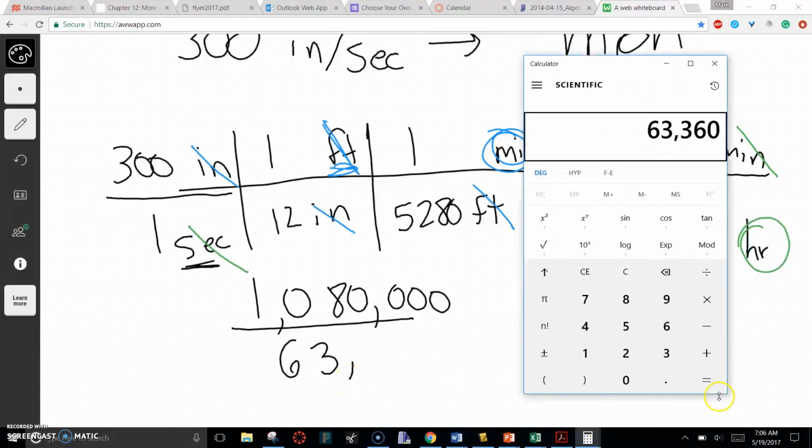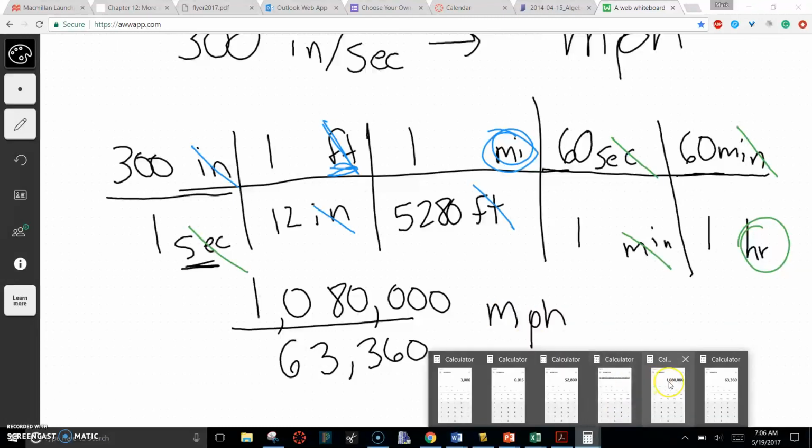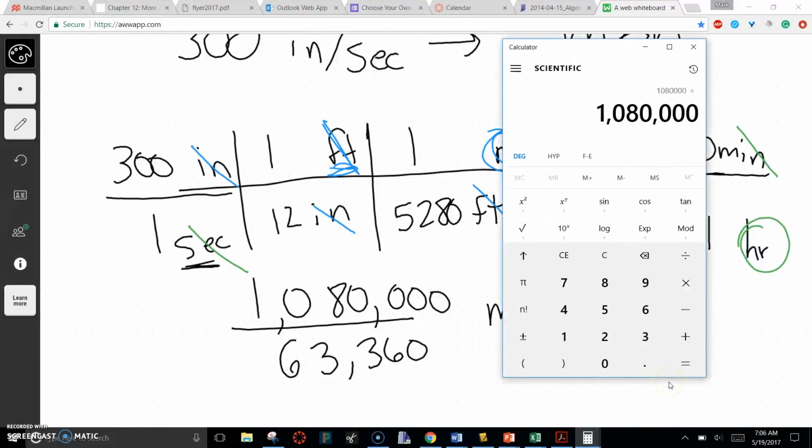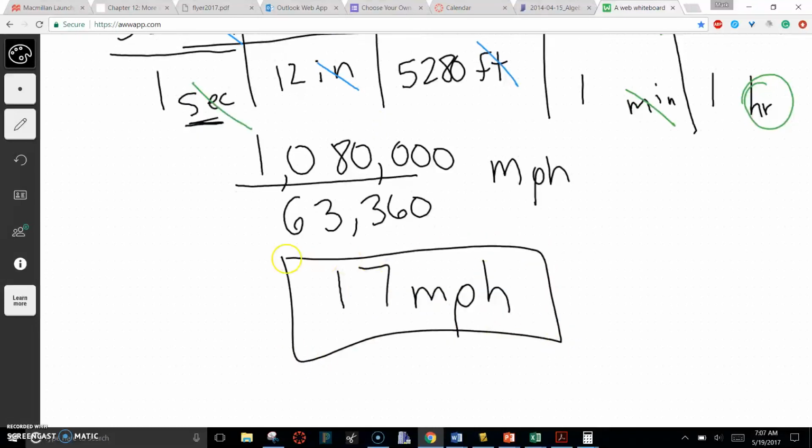Don't remember the last couple of numbers. 360. Okay, and that's, again, because the only things left are miles per hour. And now we'll divide those two things and see what we get. So we'll take that, divide 63360. And as you can see, that's about 17. So 17 miles per hour.